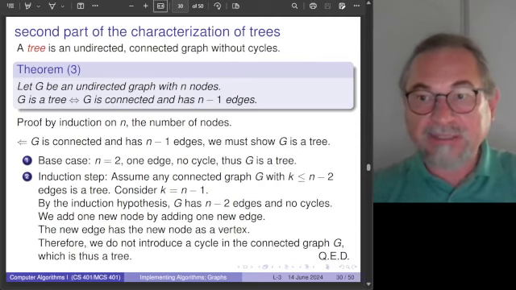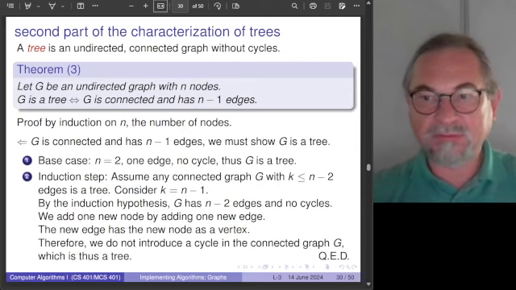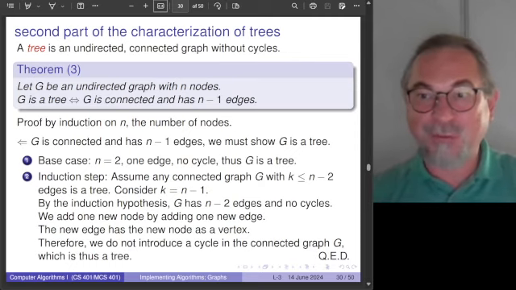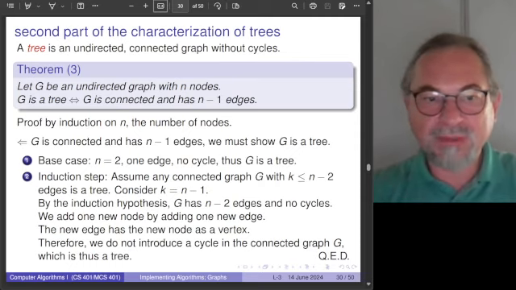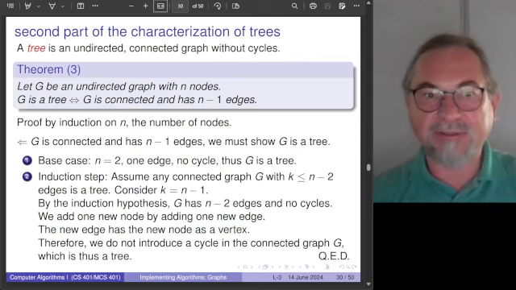But that vertex is only contained in one edge. Another way of saying this, with the terminology of degree of a vertex: in a cycle, every vertex has to have at least degree 2. So we didn't introduce a cycle. We have a graph with n nodes and n minus 1 edges. It is connected, therefore it is a tree. So this proves this characterization.